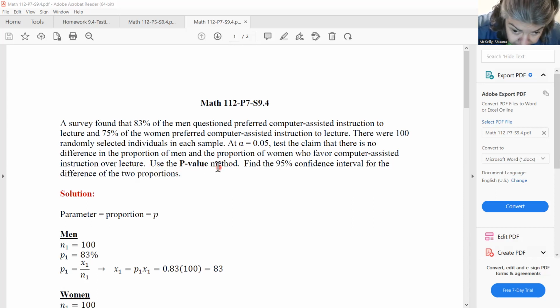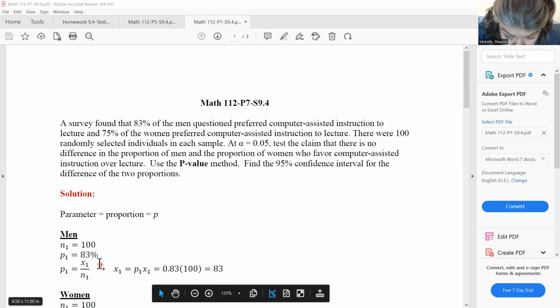Okay. So here we have our parameter, is proportion, we know that. We have our men, and she wrote it out for you, okay? Because you're going to need this X, this is your X, to get your proportion, okay?